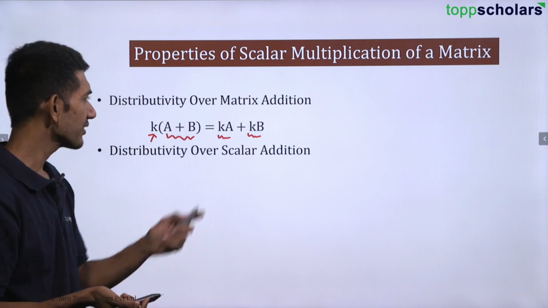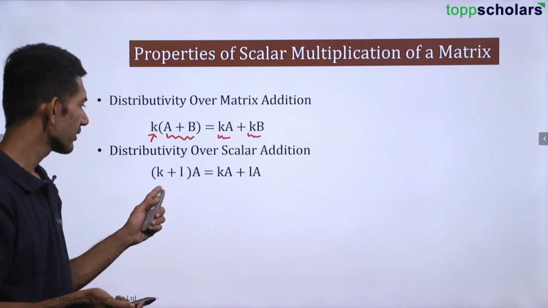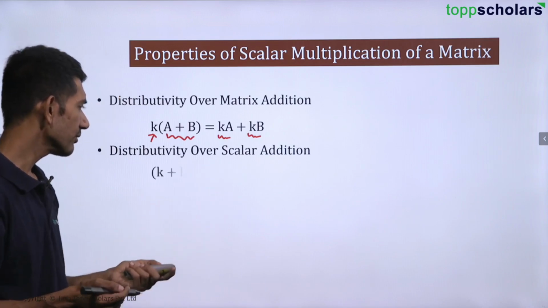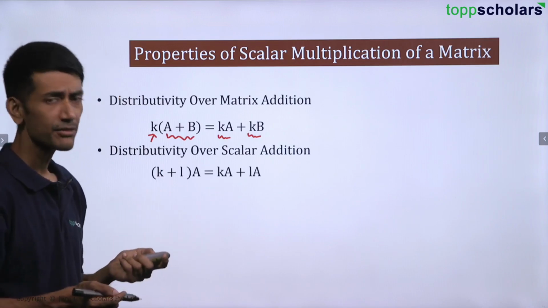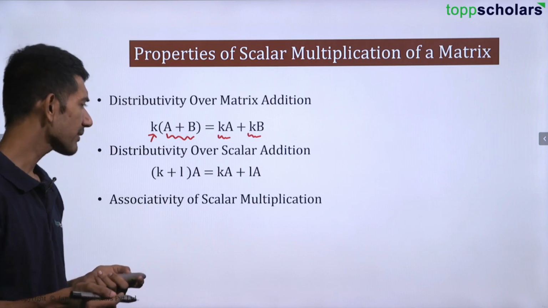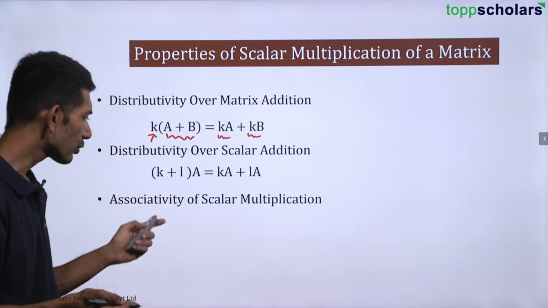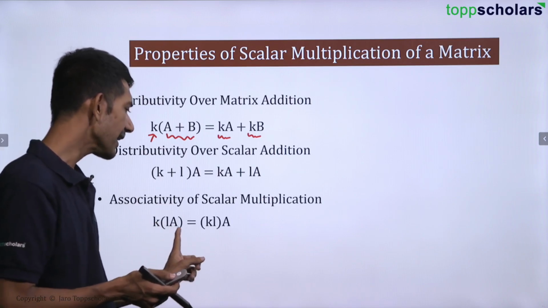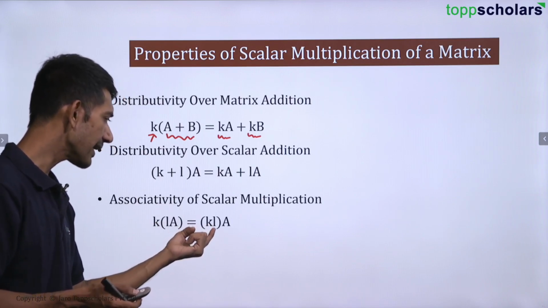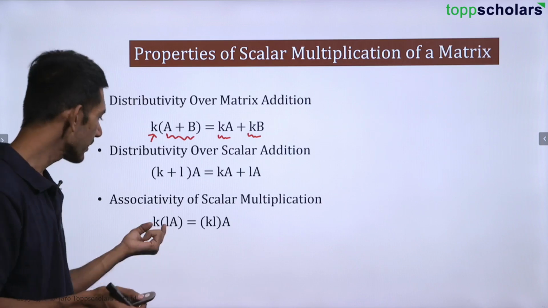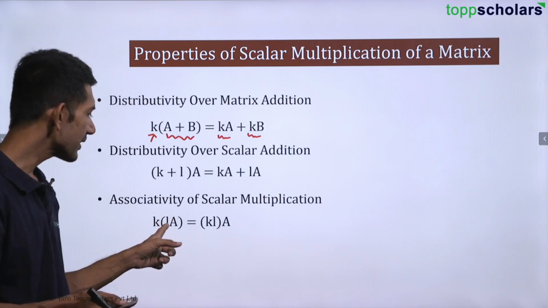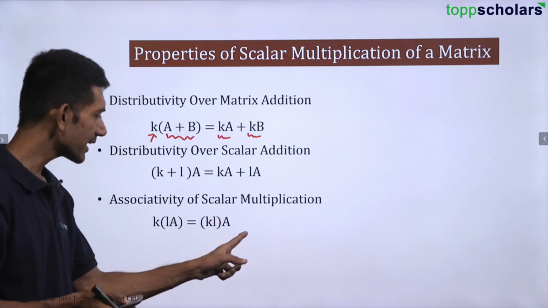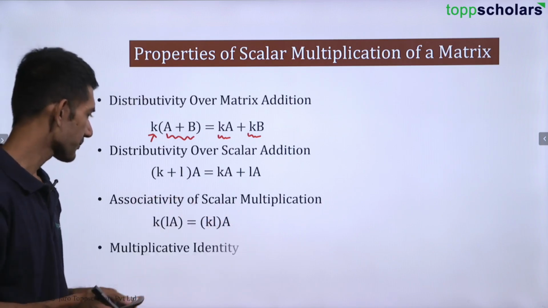Distributivity over scalar addition, that is (K plus I) times A is equal to K times A plus I times A. Now let us talk about associativity of scalar multiplication. So K times (I times A) is the same as (K times I) times A, right? Whichever way you group them, you're going to get the same answer.